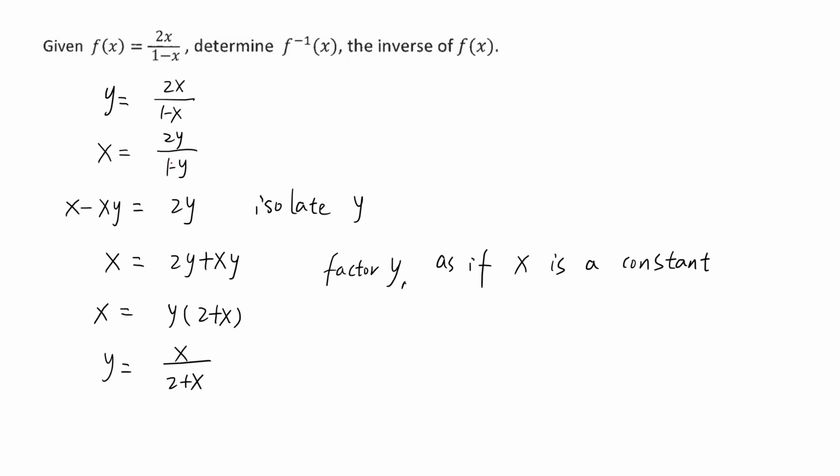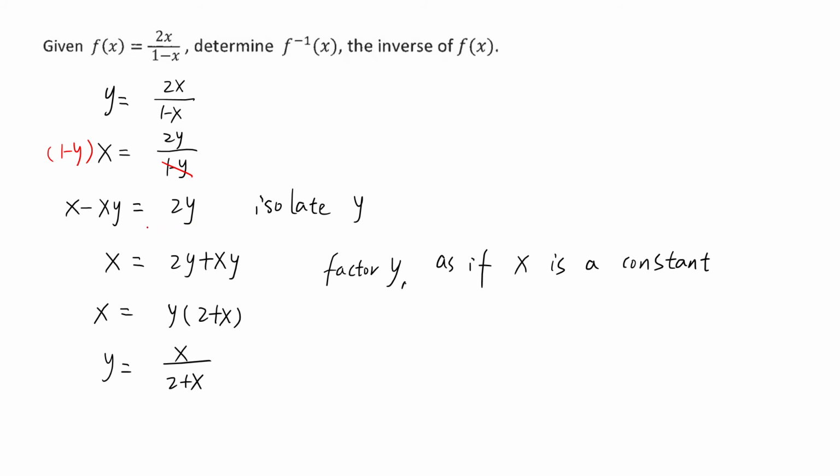So we have x equal to 2y divided by (1 minus y). And naturally, the next step is to move (1 minus y) to here, and we expand this one. We get x minus xy equal to 2y.